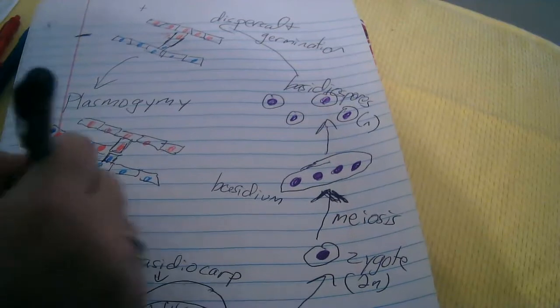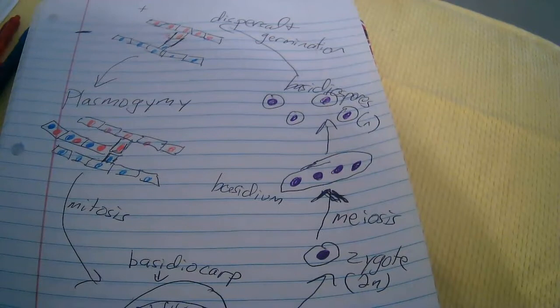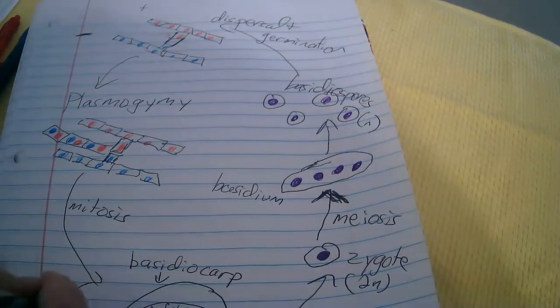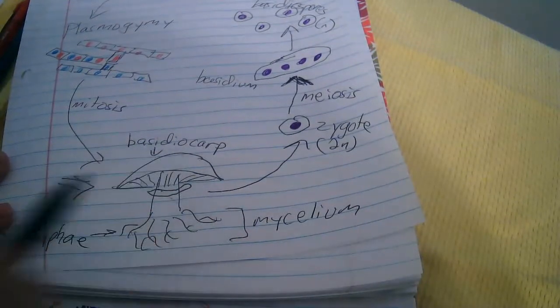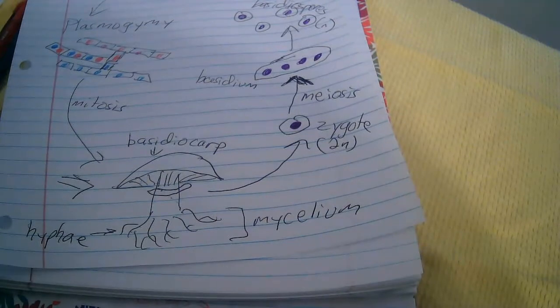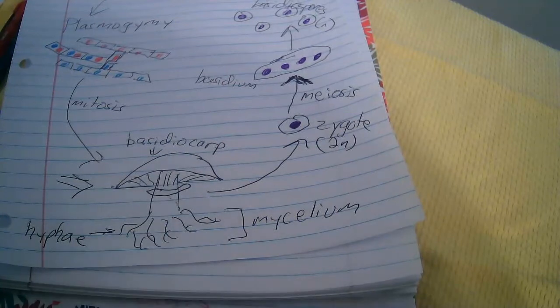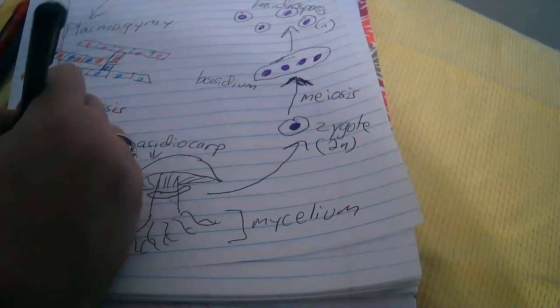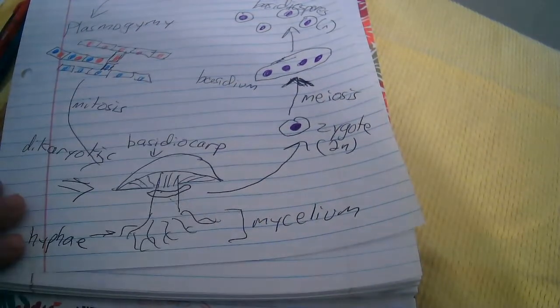So they divide by mitosis, which means the cells that form this structure here, the mushroom, the hyphae, this whole entire organism, the whole fungus is the combination of the mycelium underground and the mushroom above ground. So all the cells that form that structure are dikaryotic. They're dikaryotic. And dikaryotic means they contain 2 nuclei.